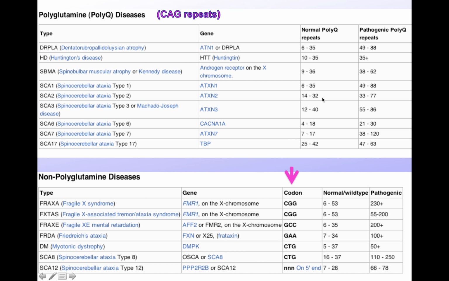There are also some trinucleotide repeat expansion diseases that are not polyglutamine, and they have different codons that are repeated. But they're similar in that the longer the repeat, the more severe the disease, and the process of making those repeats only increases the more repeats you have. So here's a graphic showing Huntington's disease.